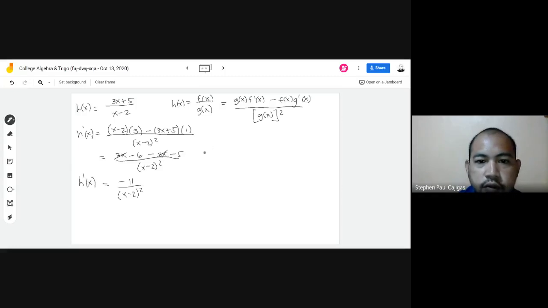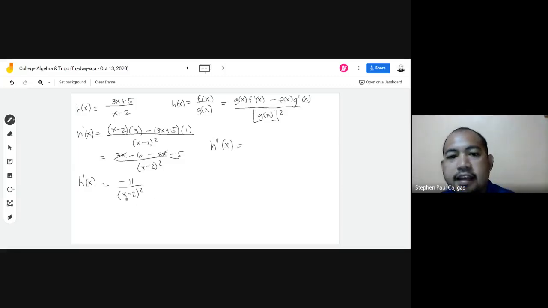Now we would like to look for the second derivative. This is a bit difficult. We will involve both the quotient rule and the chain rule, because the denominator is squared. Low is x minus 2 squared times the derivative of high.